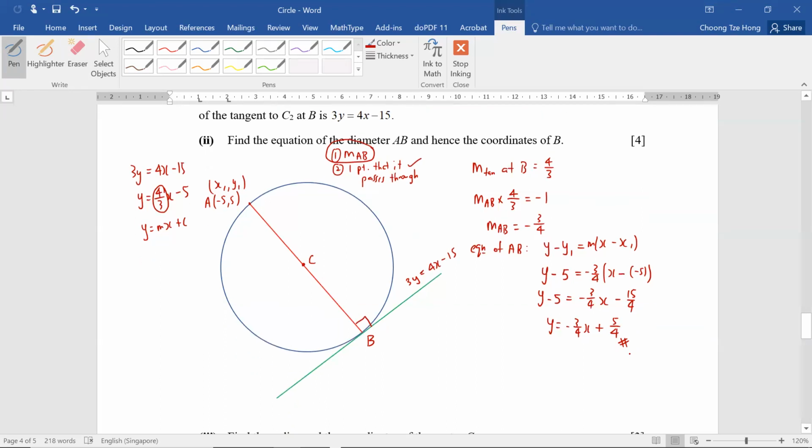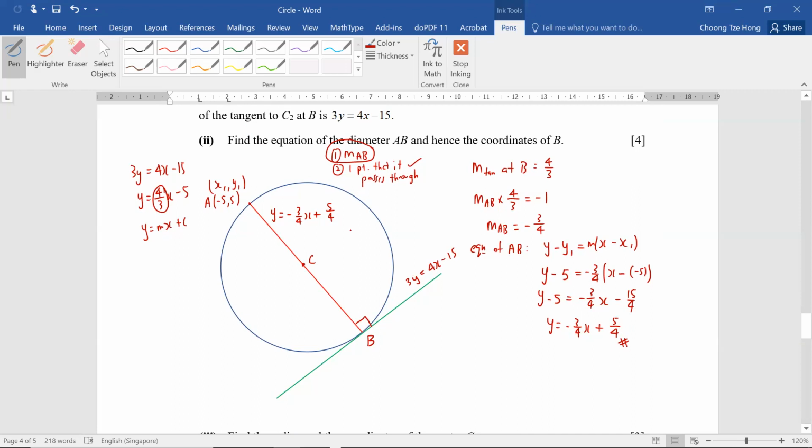Next thing they want us to do is find the coordinates of B. We have found this equation to be -3/4 x plus 5/4. If you want, you can multiply throughout by 4, but if not, you can leave it in this form.